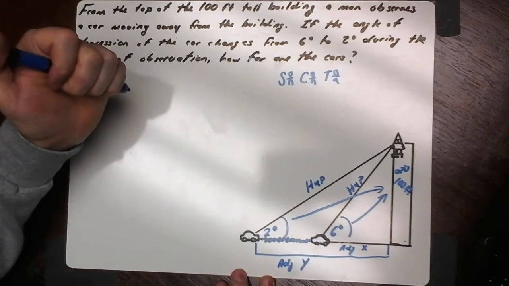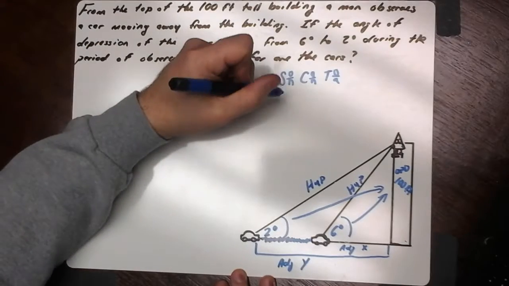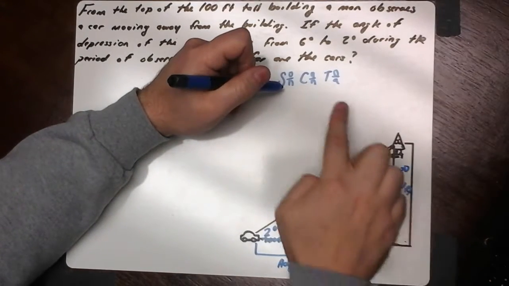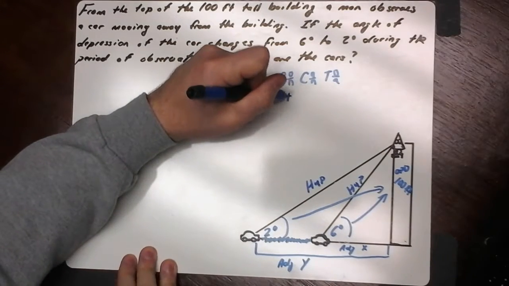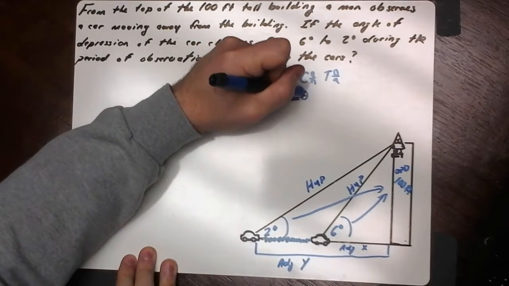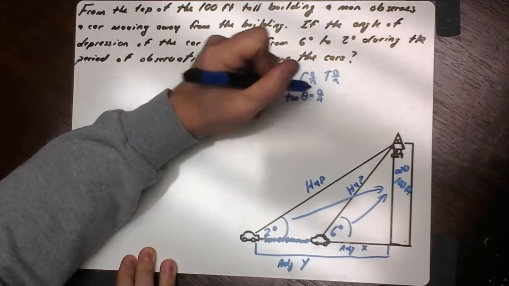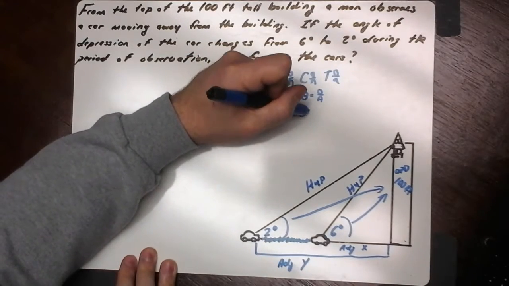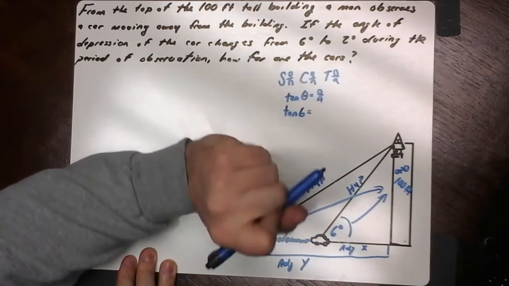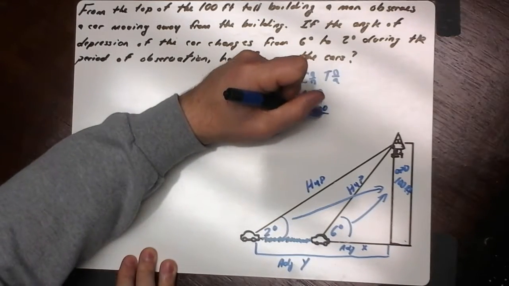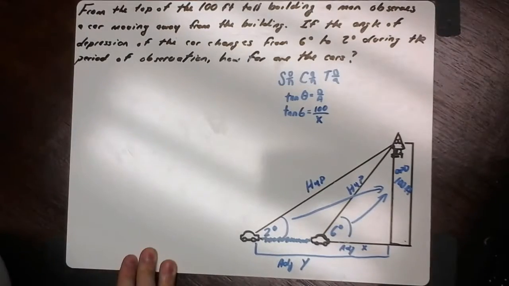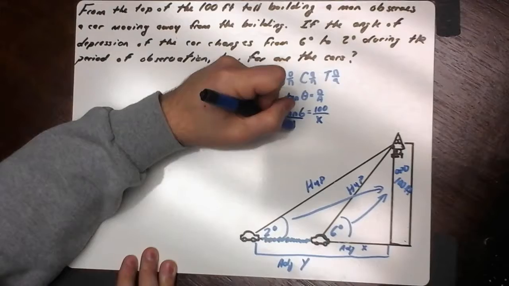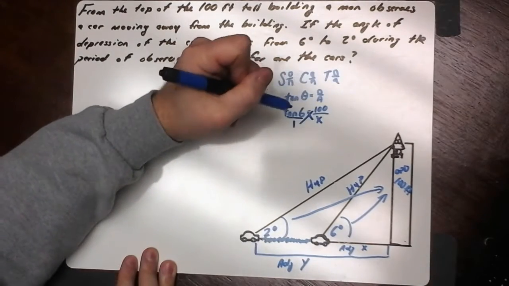So let's get started. I'm going to do X first. So opposite and adjacent, that's going to use tangent. So tangent theta, opposite over adjacent. So tangent 6 equals 100 over X. I'm double checking my word problem to make sure that I'm using the right numbers. I'm going to put a 1 under here and cross multiply.